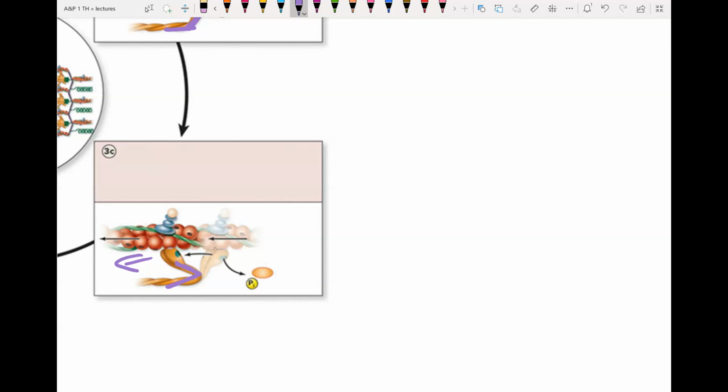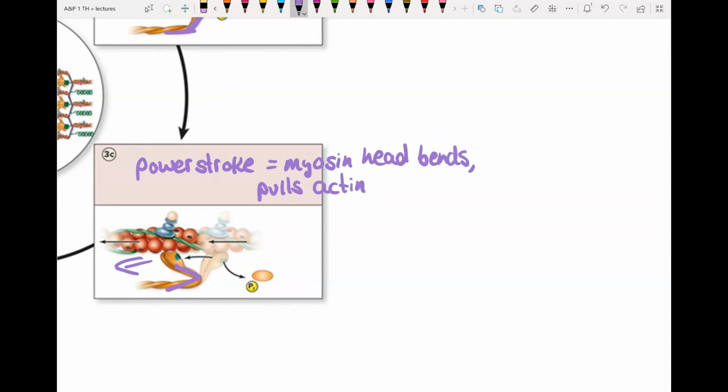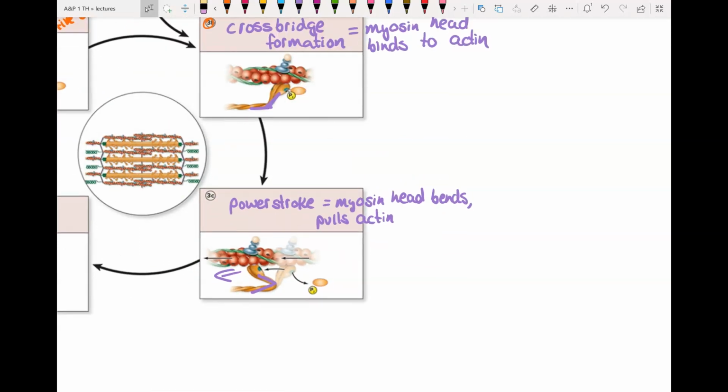And when the myosin head bends, that is called power stroke. So it binds out at an obtuse angle, then it bends to an acute angle, and that's what pulls the actin in.